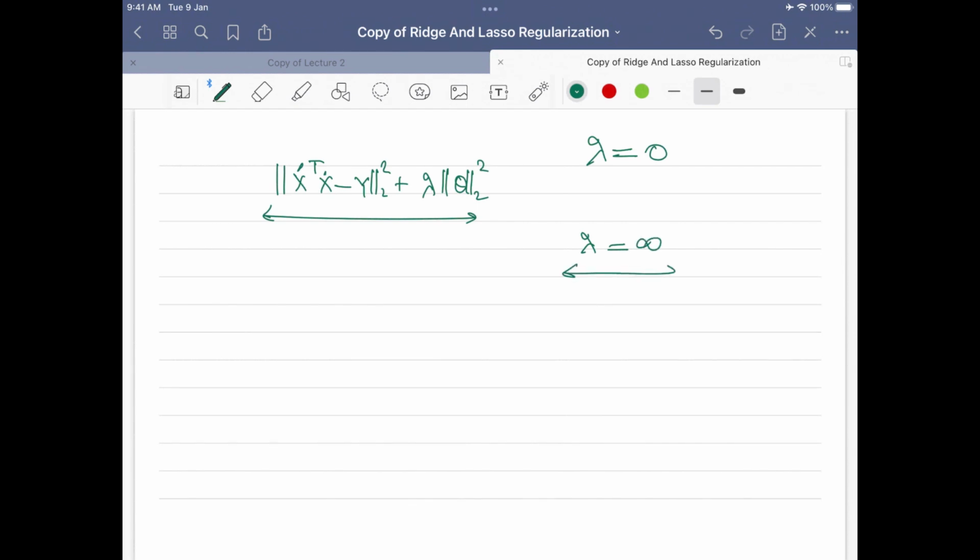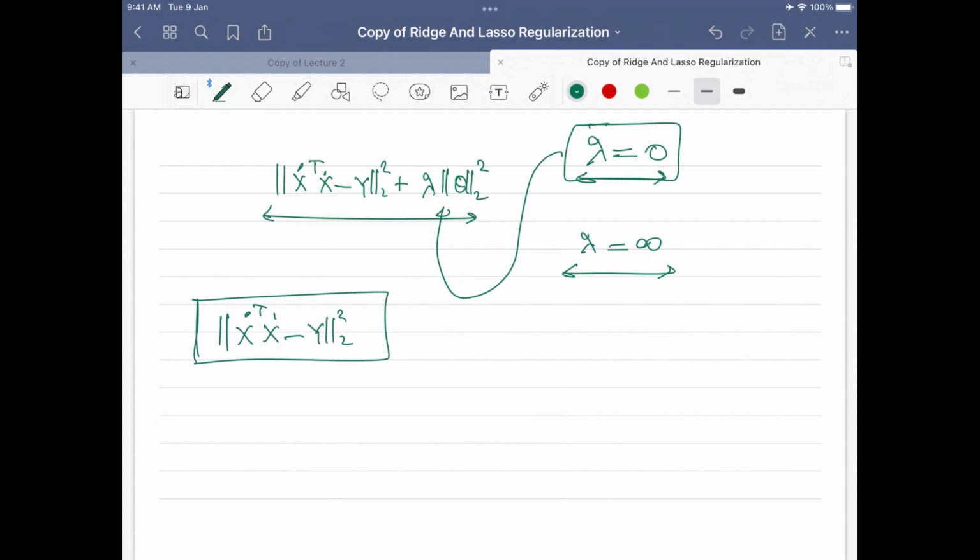If you put lambda equal to 0, you will get x transpose x minus y squared. So you are going back to the original discussion where we calculated theta hat as x transpose x inverse x transpose y. You will go back to your original solution if your lambda is 0.